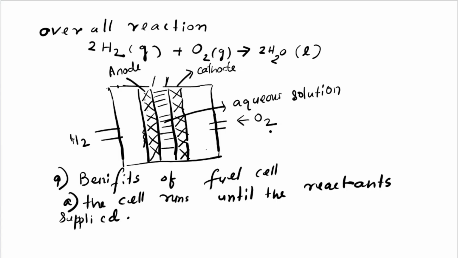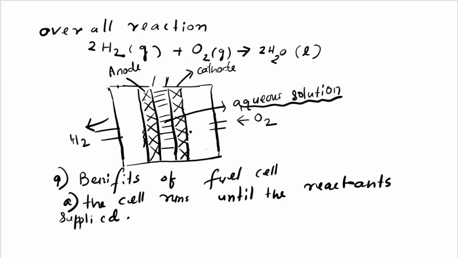What is that? Aqueous solution. Here on one side hydrogen gas is passed, and on the other side oxygen gas enters. Sorry, hydrogen gas is taken out and oxygen gas is entering.